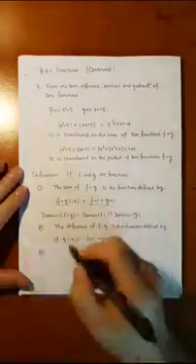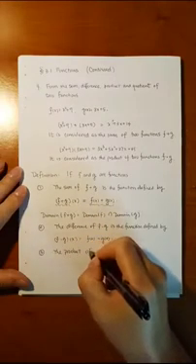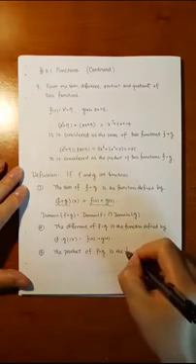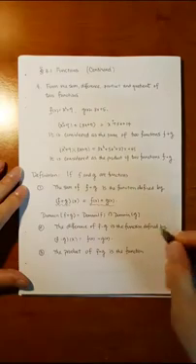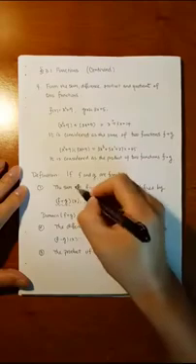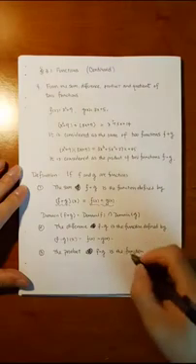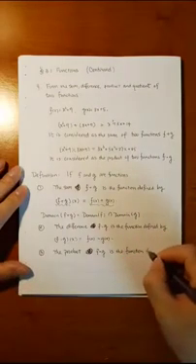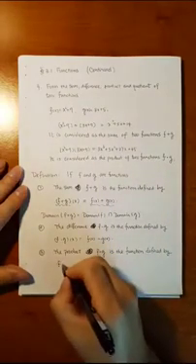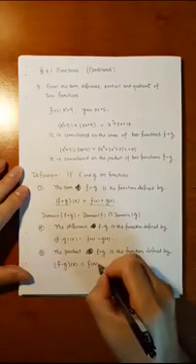3. The product of f and g is a function defined by (f times g)(x) is f(x) times g(x).